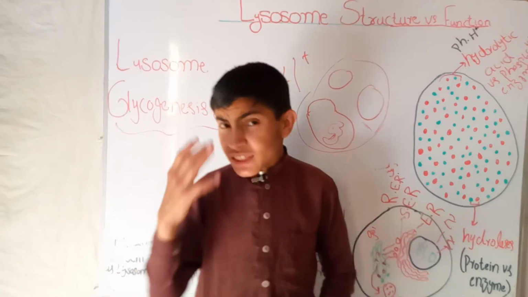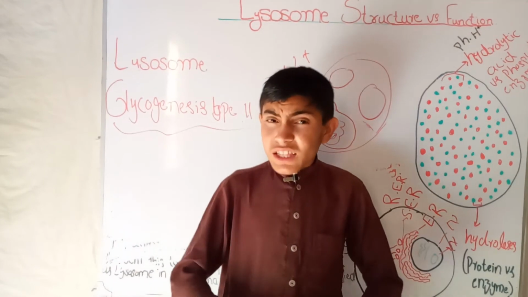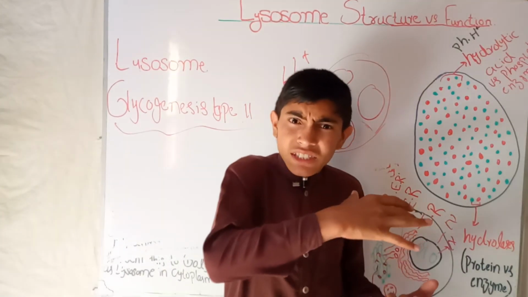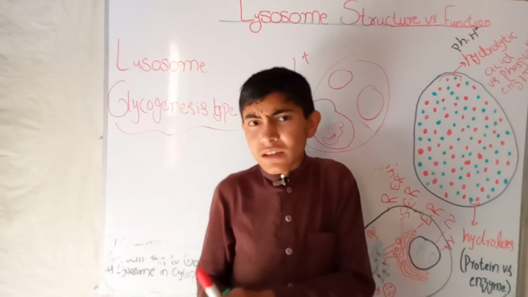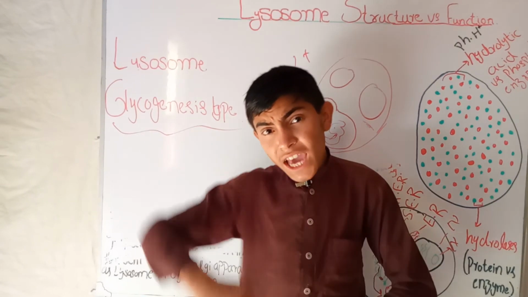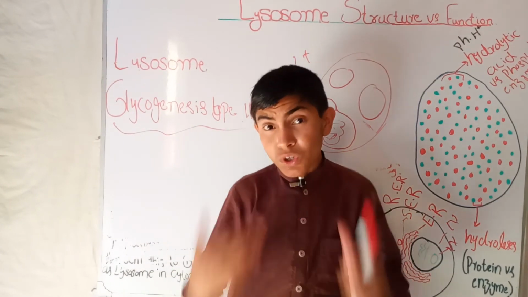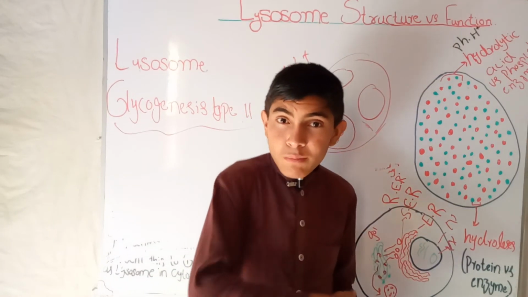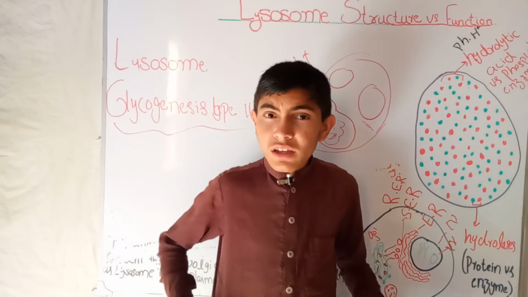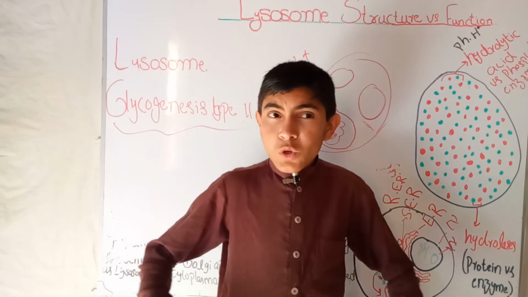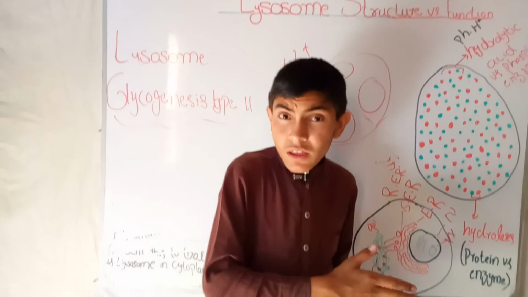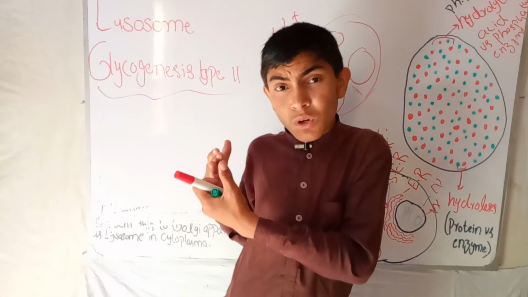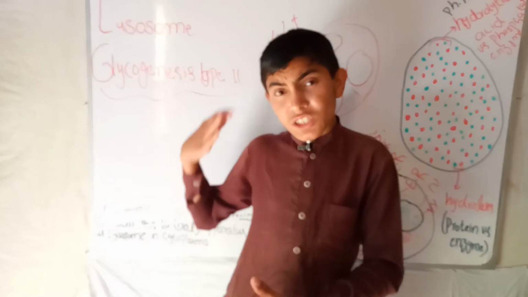So when this enzyme is absent, the excess glycogen is not converted into glucose, and there is a need in the body for glucose because the body needs more metabolic activities and more energy, and the glycogen amount is also increased in our liver and muscle tissues.